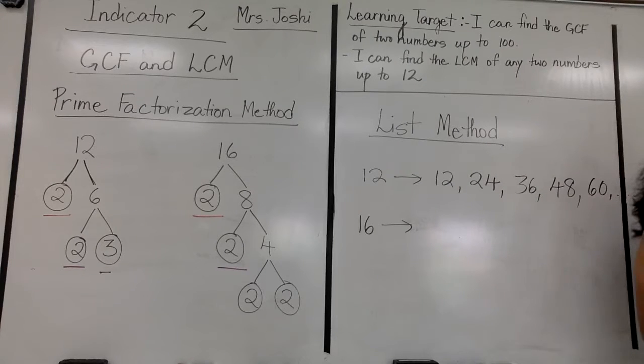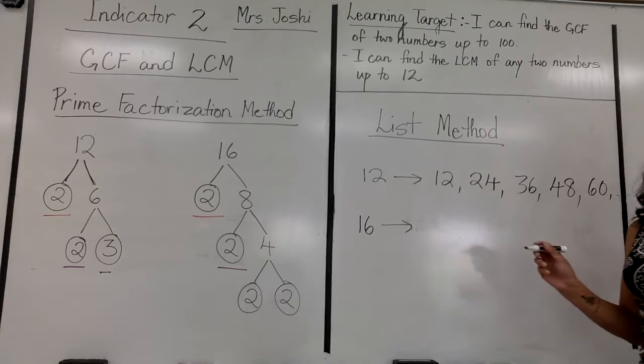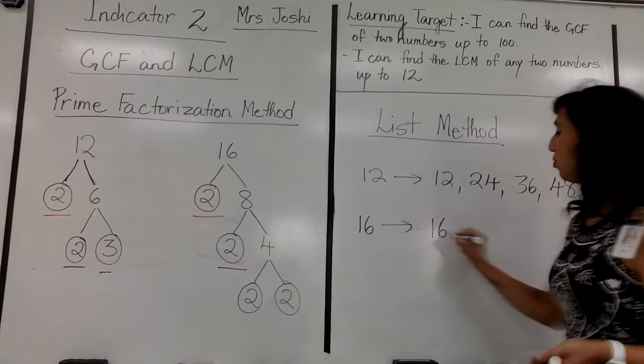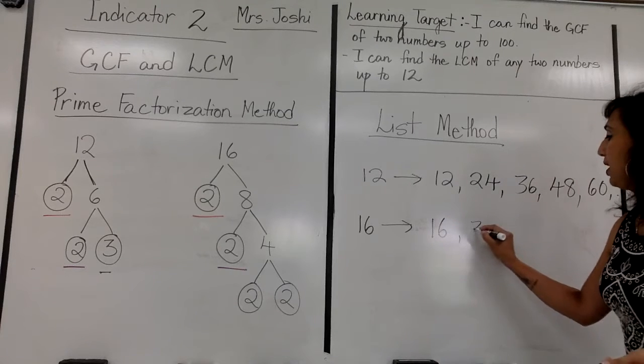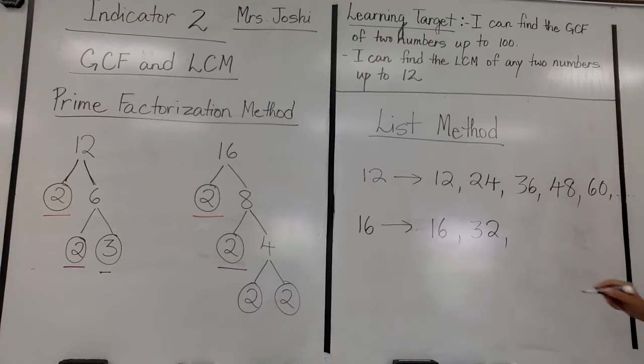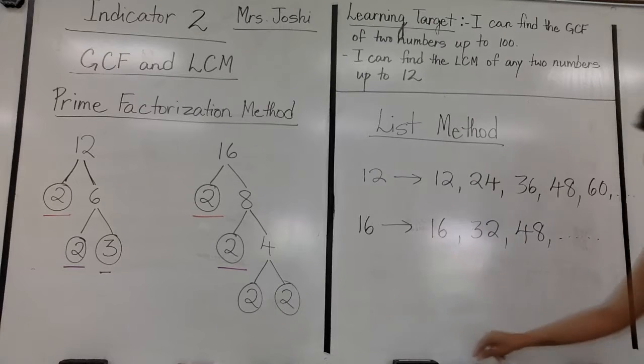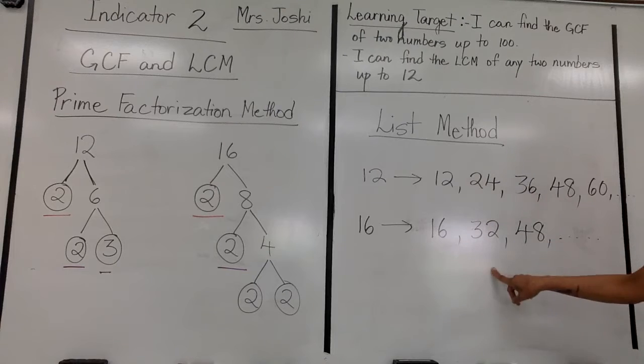Then for 16, I'm going to start the same way because I'm trying to find the multiples. 16 times 1 is 16, 16 times 2 is 32, 16 times 3 is 48. I'm going to stop there because I'm trying to find the least common multiple. There's nothing common here, nothing common here, nothing common here.